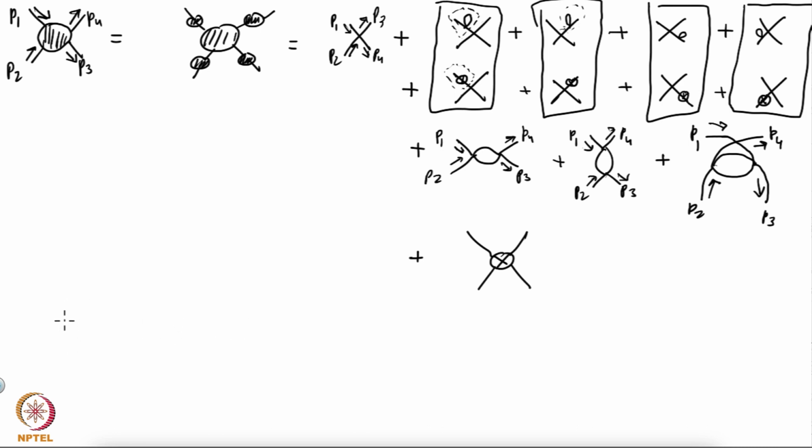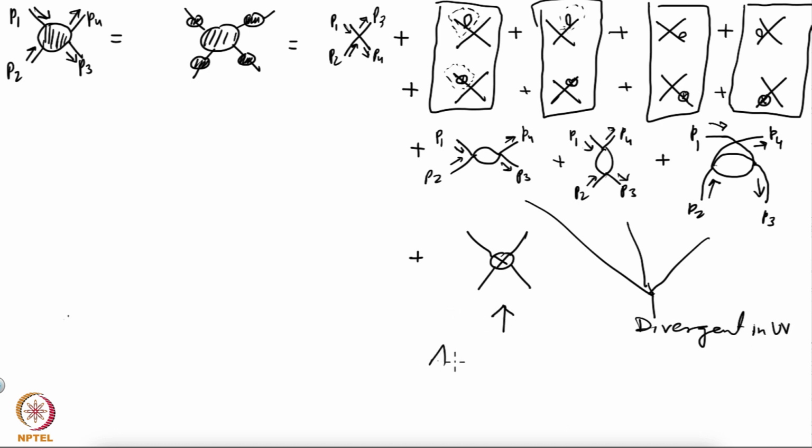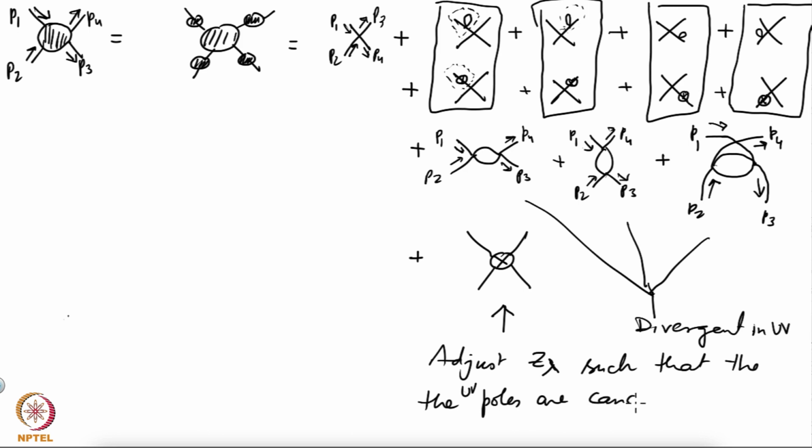These are divergent in the UV, and our goal is to adjust Z_λ such that the UV poles are cancelled in the sum.